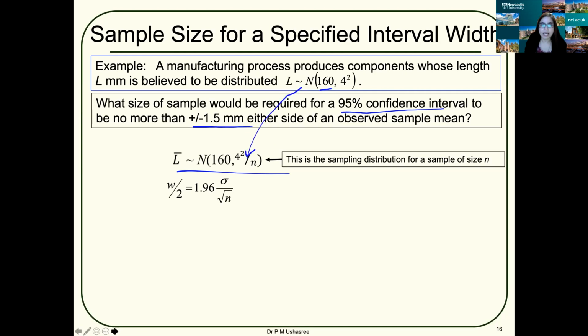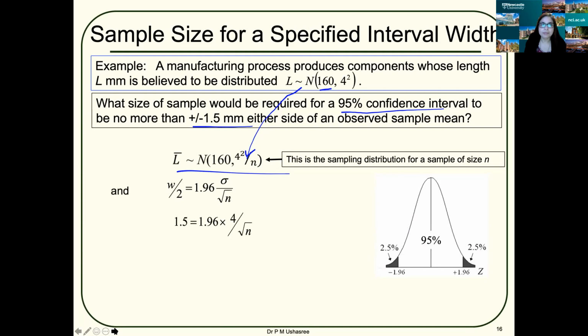Sketch the distribution clearly, and then substitute the values. Here it is plus or minus 1.5, so be careful. That means on this side it is 1.5 mm, and on this side it is 1.5 mm.